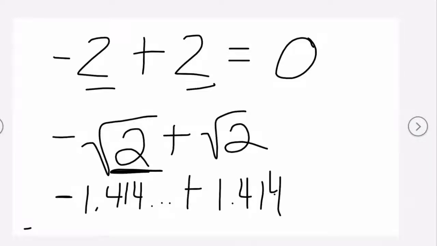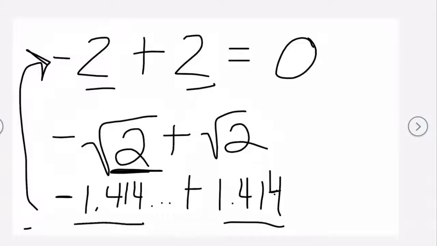So if you think about what we did with zero pairs, when you are adding two irrational numbers that are the same quantity, the square root of 2 and the square root of 2, or negative square root of 2 and square root of 2, then these will cancel each other out and make those zero pairs.